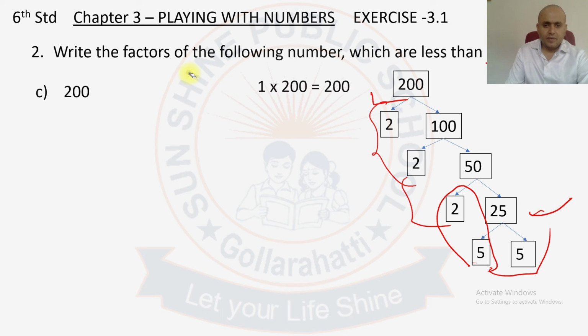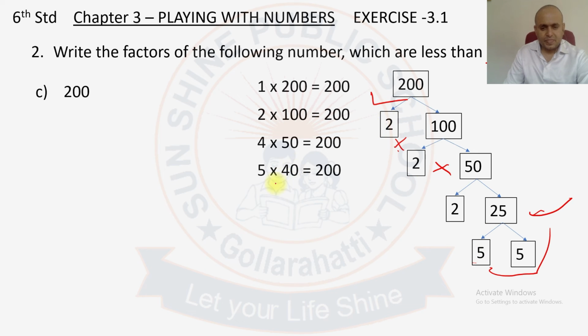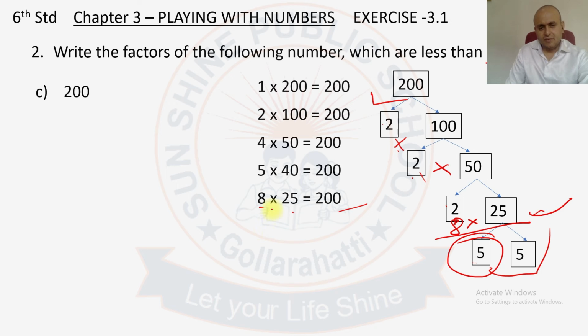8. Therefore, 1 200 is 200. 2 100s are 200. 4 50s are 200. See, 2 2s are 4. 5 40s are 200, so 5 into 40 is 200. 8 25s are 200. 2 2s are 4, 4 2s are 8, 8 into 25 is 200.